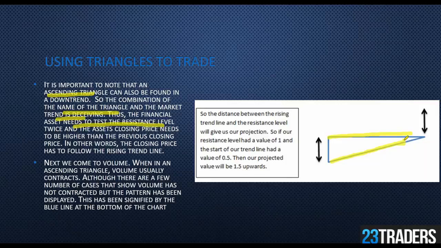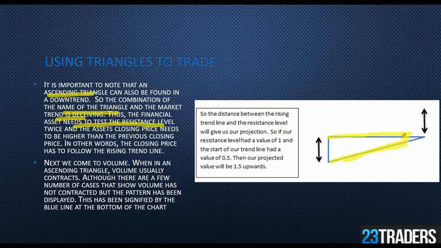When price bounces up to this resistance line, it needs to bounce off of it at least twice. Okay. And the closing price needs to be higher than the previous close. So not only does it need to bounce up and test the resistance line, it needs to close higher in the next time frame than it did in the previous time frame. In other words, the closing price has to follow the rising trend.